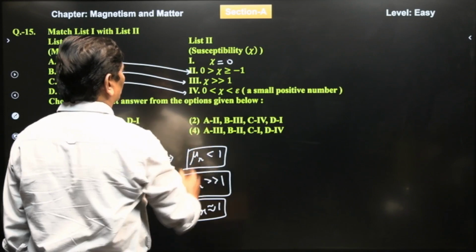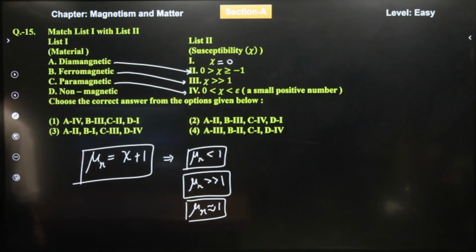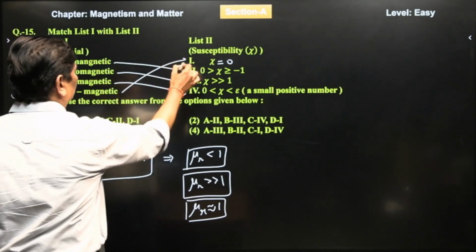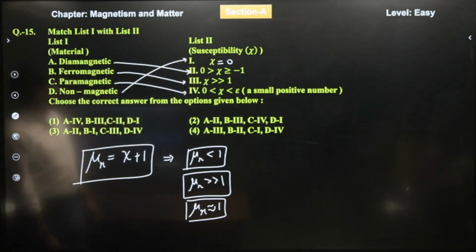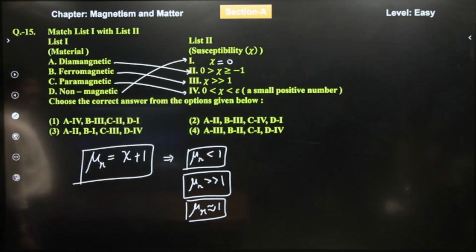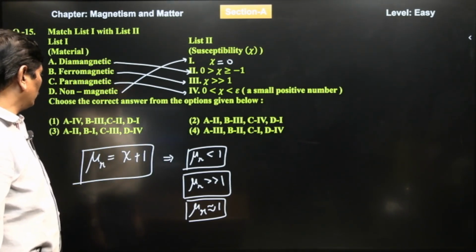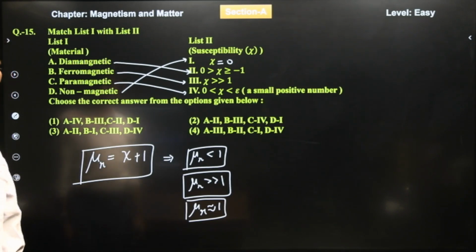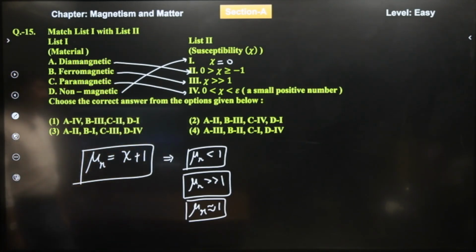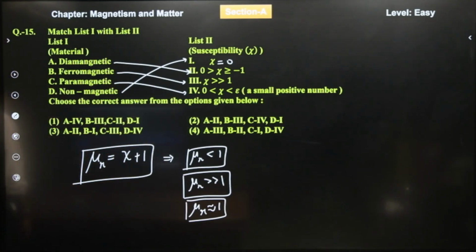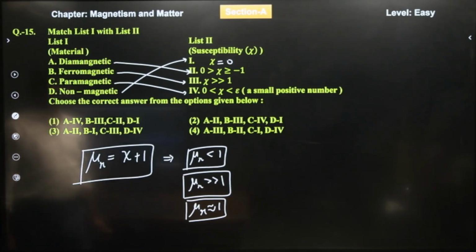Here there should be 0. For non-magnetic, it cannot be magnetized, which means it cannot get susceptibility, right? Chi value 0. So you will have the second option.